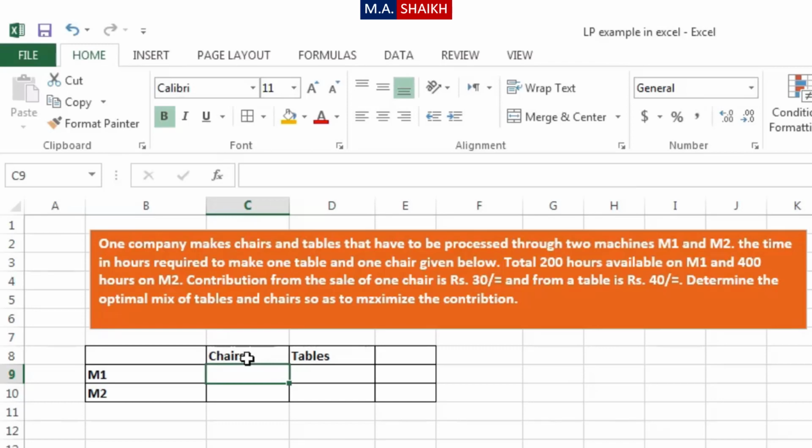So suppose the time for one chair is 4 hours and the time for one table is 7 hours on M1, and the time for one chair on M2 is 5 hours and the time for one table on M2 is 5 hours.